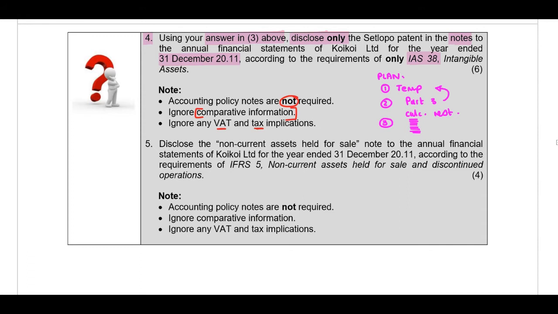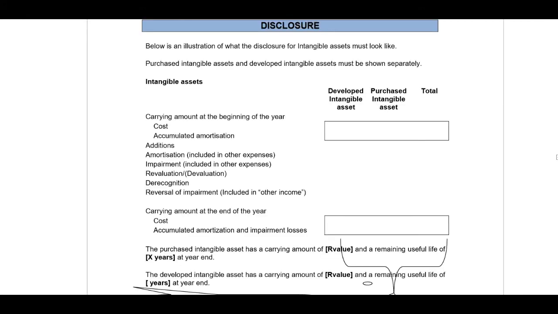Now, if you refer to your IAS 38 revision page at the end, and please note, this is important, you always have to show your developed intangible asset and your purchased intangible asset separately. Your developed intangible asset will be the internally generated asset. You will have your carrying amount at the beginning, consisting of your cost and accumulated amortization.